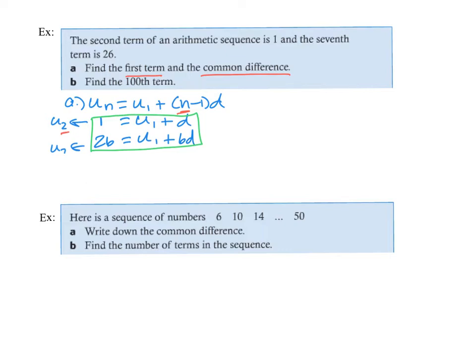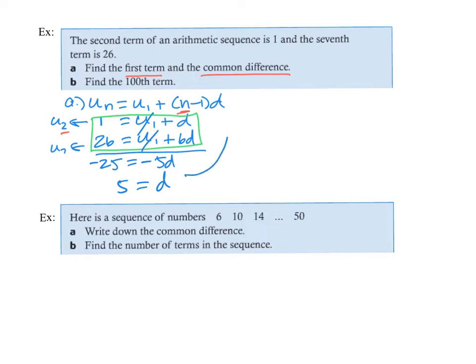We can solve it using elimination just by subtracting the two equations. That would make the u variable drop out. So 1 minus 26 gives us negative 25. The u's drop out when we subtract, and then 1d minus 6d would give us negative 5d. And dividing both sides by negative 5, we get that our common difference is 5. So we know one of our unknowns, the common difference is 5.